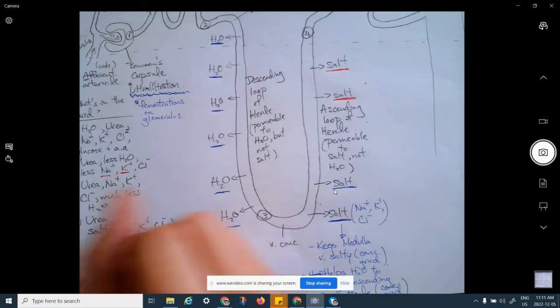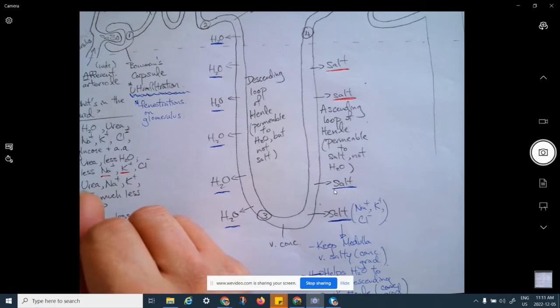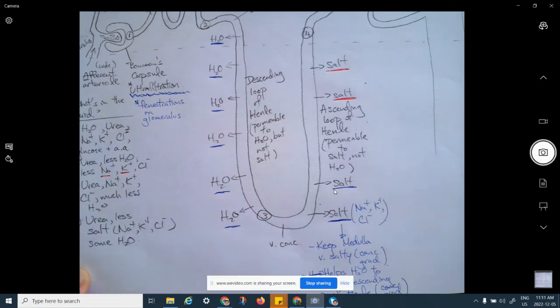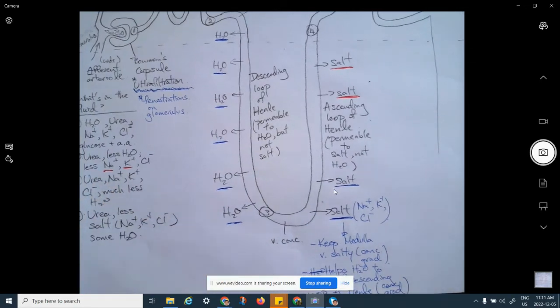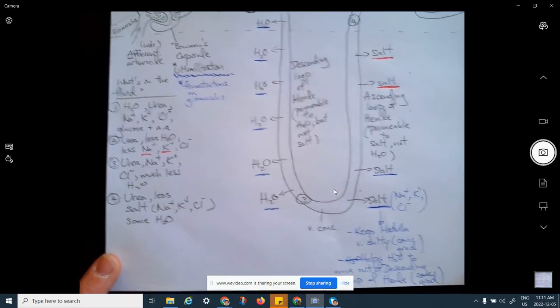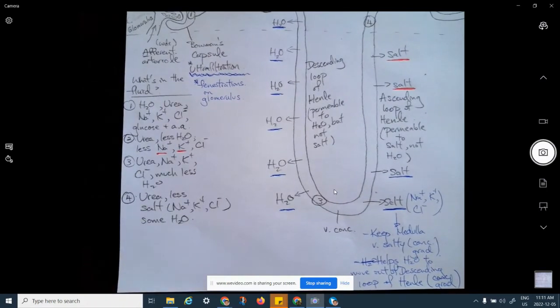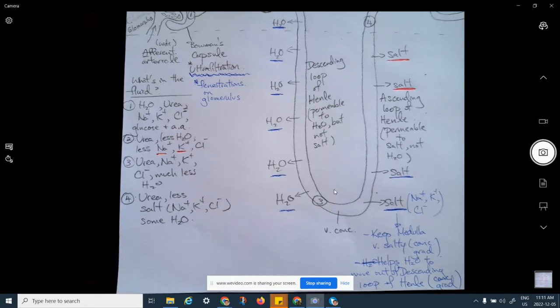There are other salts too, but we're not really considering that. Also have some water. Okay? So, okay, please copy that down. Let me know if you can't see certain things.